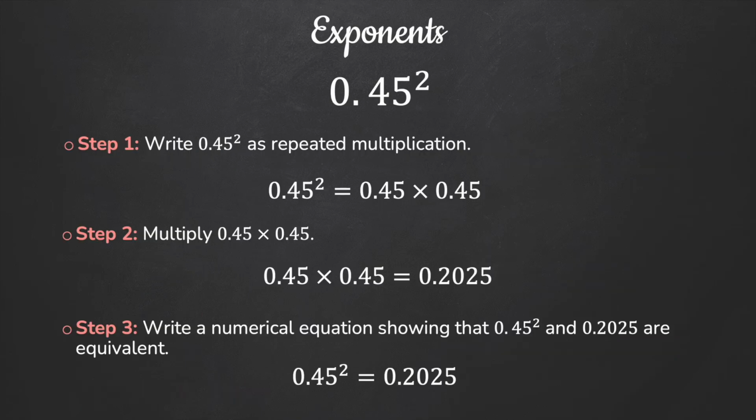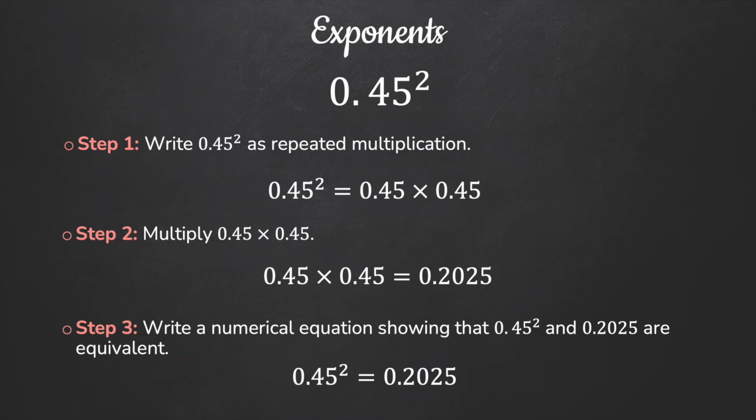So let's recap. We have 45 hundredths squared, and in order to evaluate this expression, the first thing we did was write 45 hundredths squared as repeated multiplication. So that means that 45 hundredths squared is equal to 45 hundredths times 45 hundredths. Then we're going to go ahead and multiply.